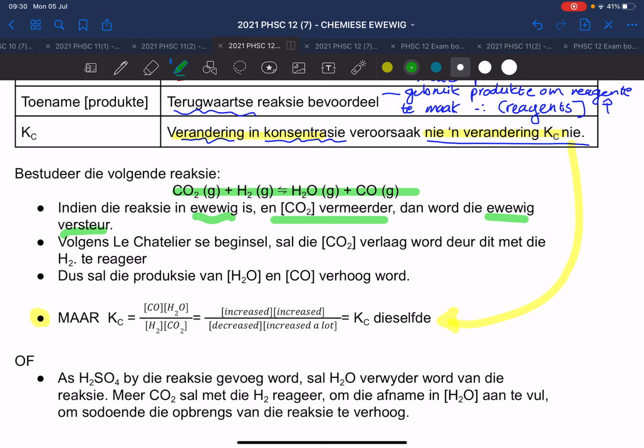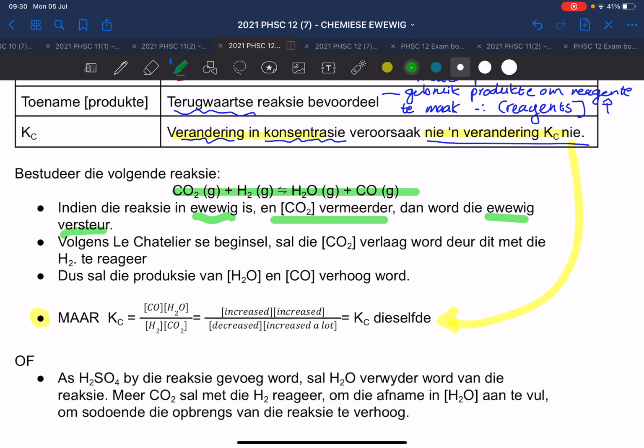Okay, dan gaan die ewewig, then the reaction will try to oppose that change. Hy gaan daai verandering wil teenwerk. Okay, hoe gaan hy dit doen? Hy wil weer hier kom. How does it go from here to here? It needs to use one of these things that we added more of. Hy moet gebruik dit wat ons meer van bygevoeg het, om meer produkte te maak. So waartoe gaan ons sê skuif die ewewig? Where will the equilibrium move to? To the right, na die regterkant.